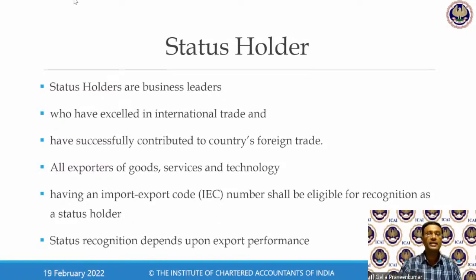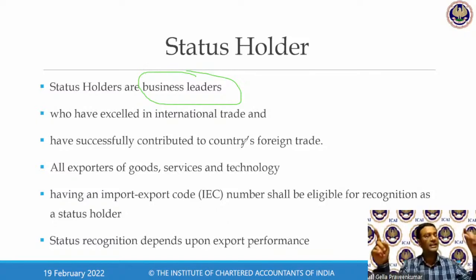Now, this aspect called status holder is for business leaders. When I say business leader, it doesn't mean it is on the basis of your value of exports. I cannot compare a small software company next to your street with Infosys to say Infosys is big and this unit is small.